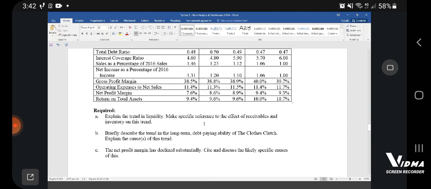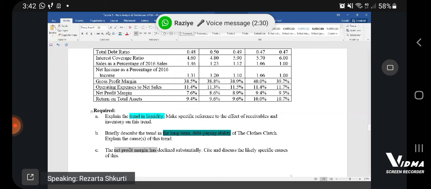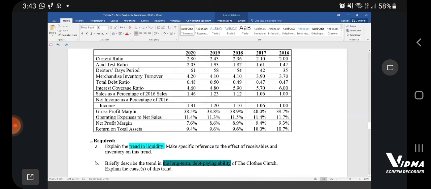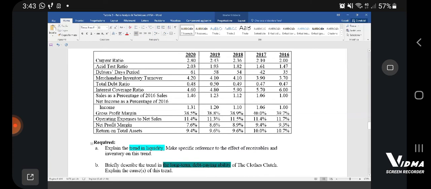So, trend in liquidity. This is what we are required to see. Then solvency, long term, okay, and then the profitability, the last one, okay. The first ratios relate to the liquidity.